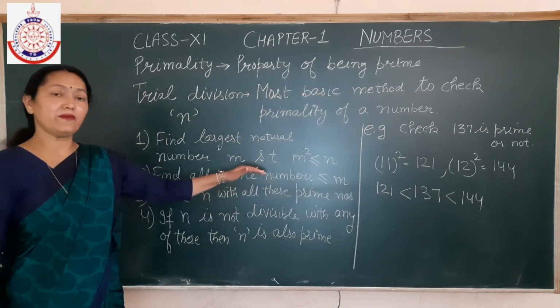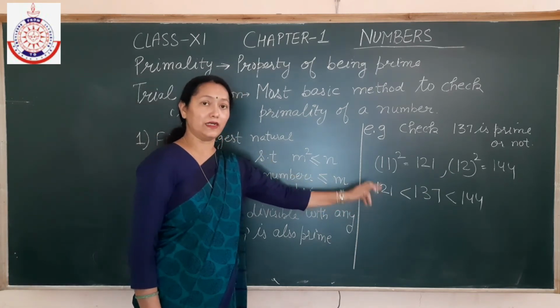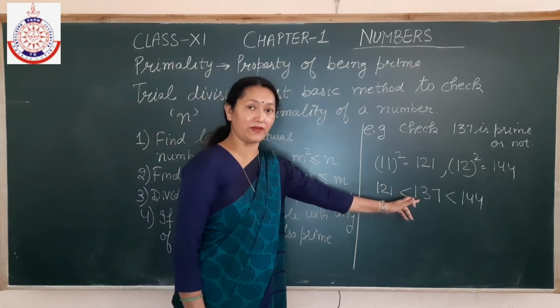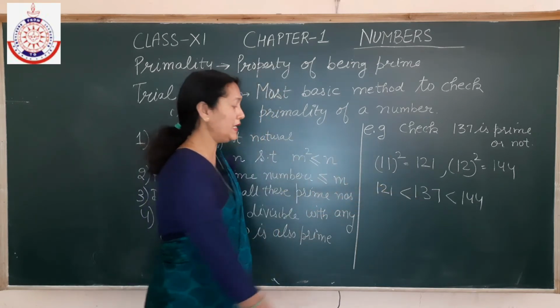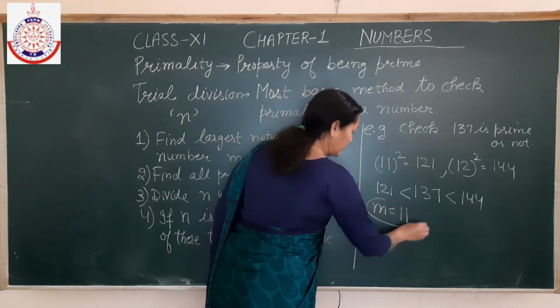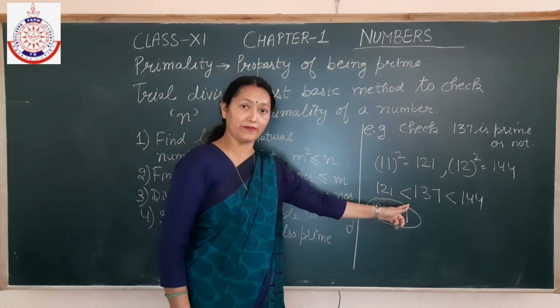So first step, we have to find a number whose square, 11 square 121, is less than 137. So our number m will be 11, because the square of 11 is less than 137.